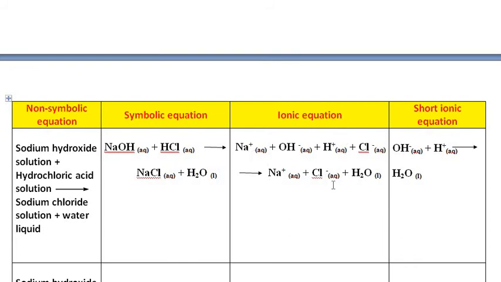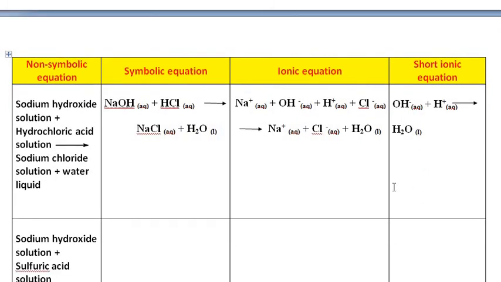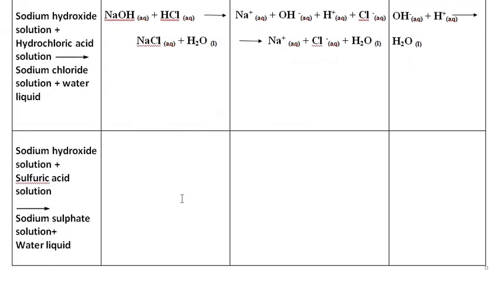When they get out from the chemical reaction, they are also ions without any change. So we cancel them. Only OH minus and H plus remain, and water, and these are cancelled together. So this is called the short or abbreviated chemical equation, or a brief equation.